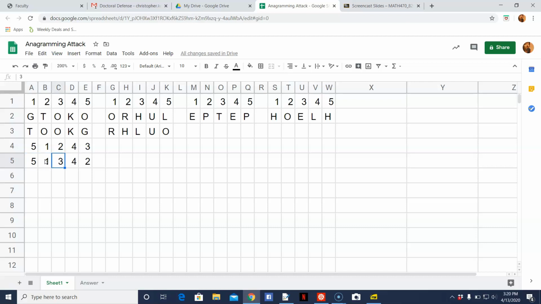So if we look at what that would do here, you would get RH still. All right. This would still be a U. This would be an O, and that would be an L. Yeah, that still didn't really work.